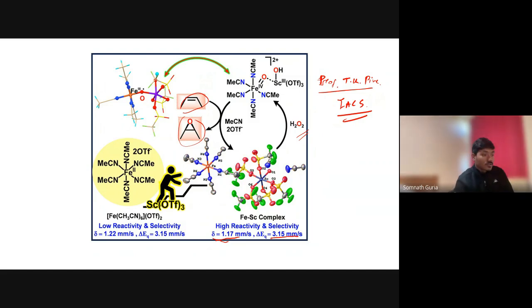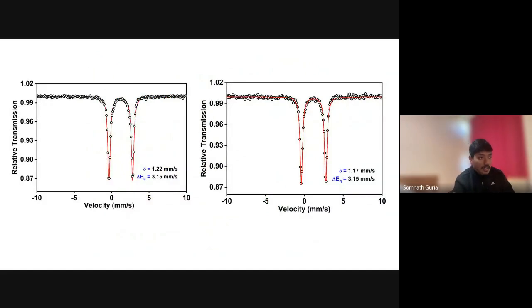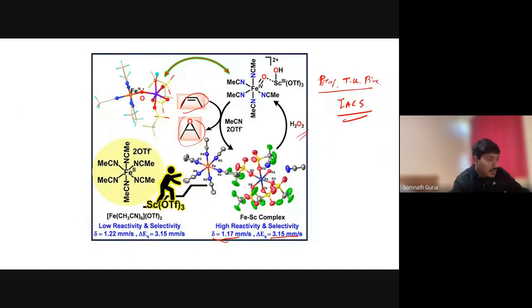Okay, so to isolate this kind of species, they took the help of the Mossbauer spectrum. Okay, now we have, this is 1.22, 1.17.